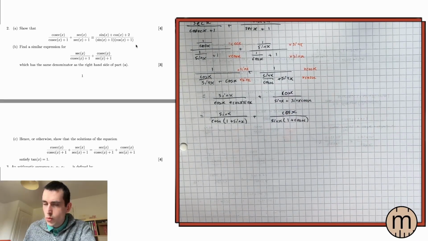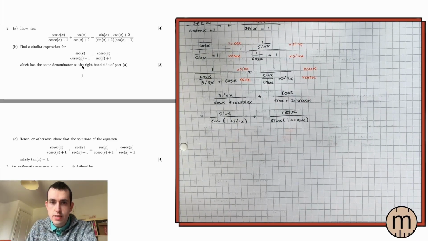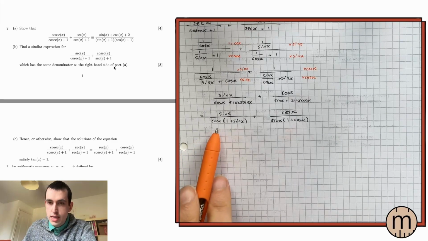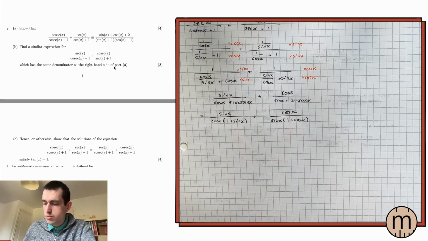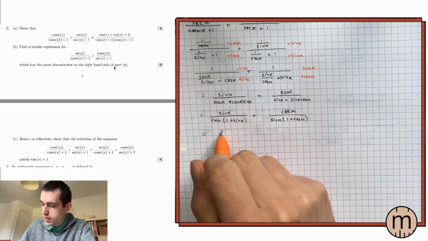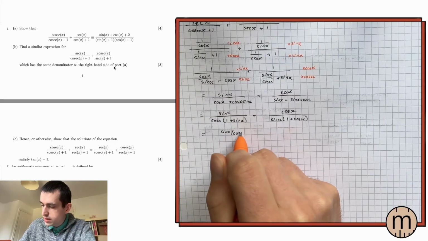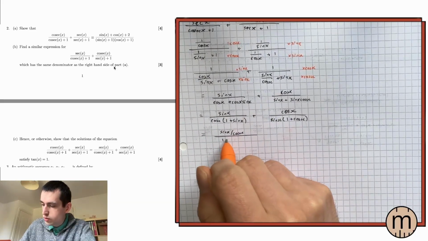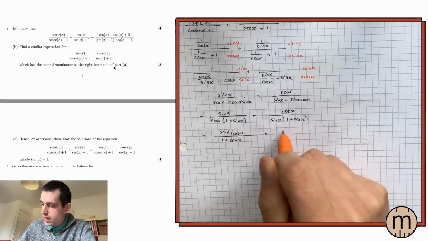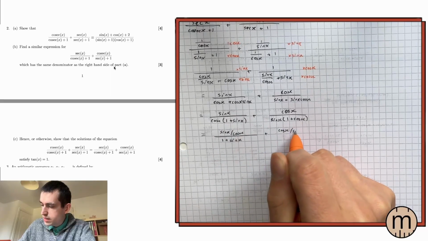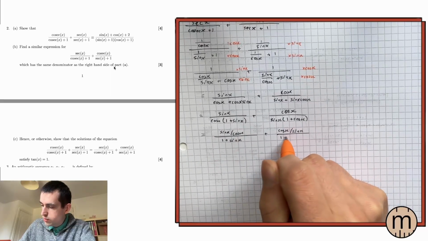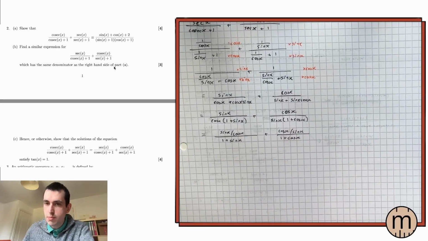Hopefully you spotted that. What we can now do, using the extra hint, since I've changed the question, we don't want the cos there because otherwise the denominator is not going to be the same. So we can rewrite this as sine x over cos x over 1 plus sine x, and cos x over sine x over 1 plus cos x. So the denominators are now matching up.